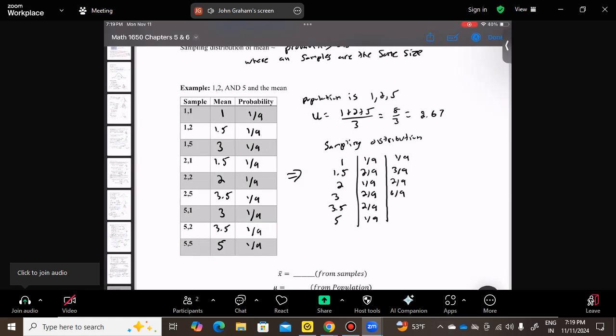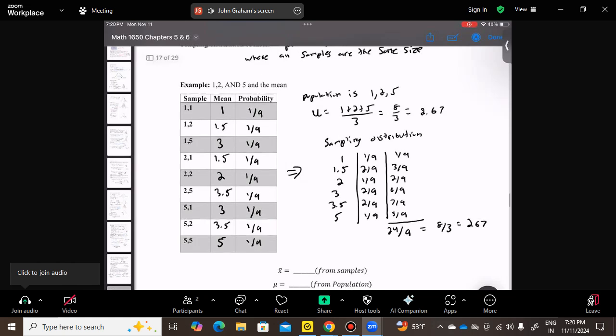And 5 times 1/9 is 5/9. And then we add all these up. So 4, 5, 6, 12, 19, 24 over 9, which breaks down to 8/3 or 2.67.